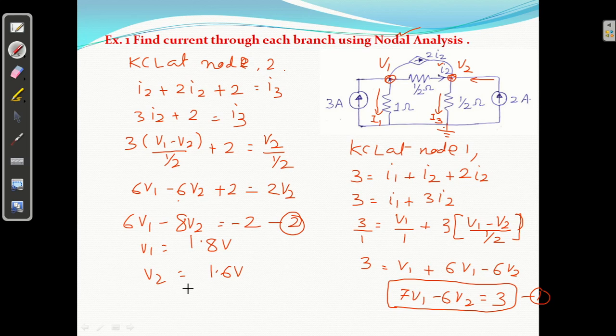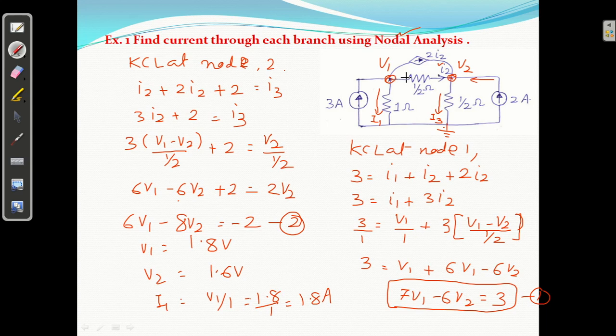Now I was asked to find the current through each and every branch. I1 equals V1 by 1. V1 is 1.8, so 1.8 upon 1 equals 1.8 ampere.